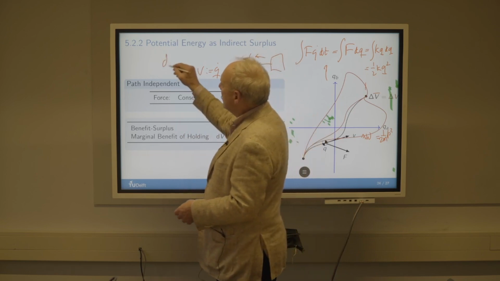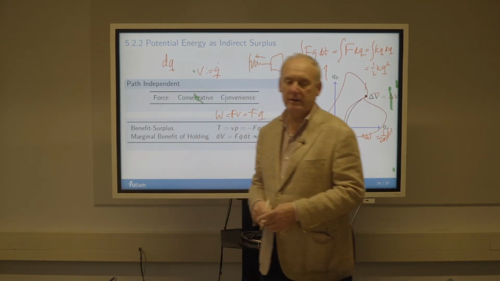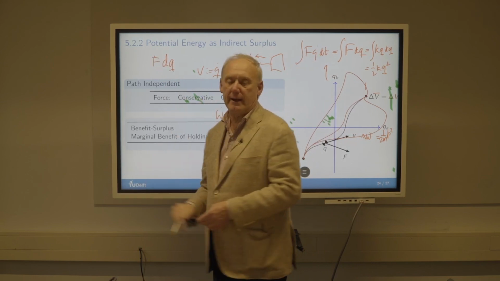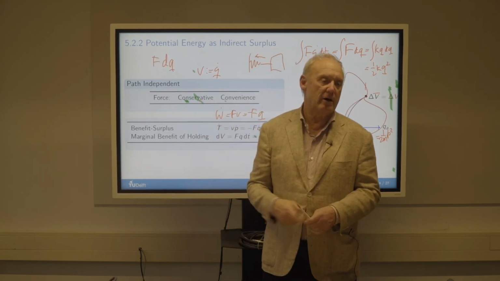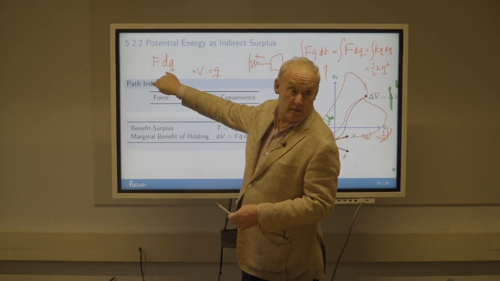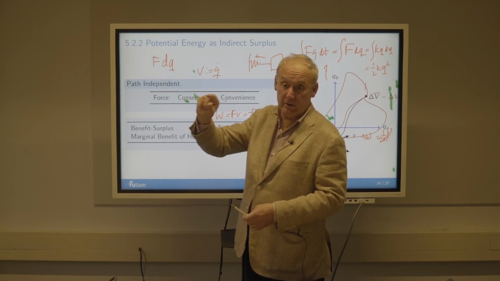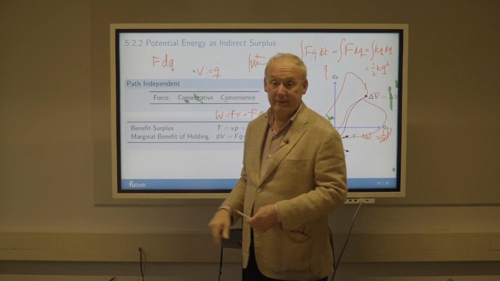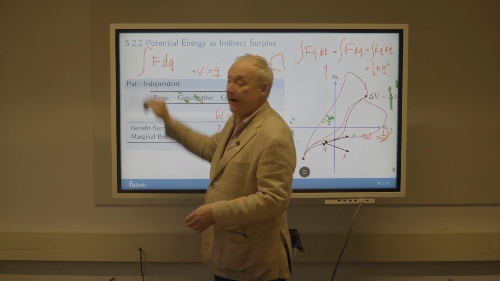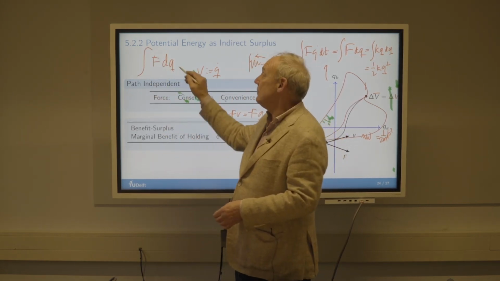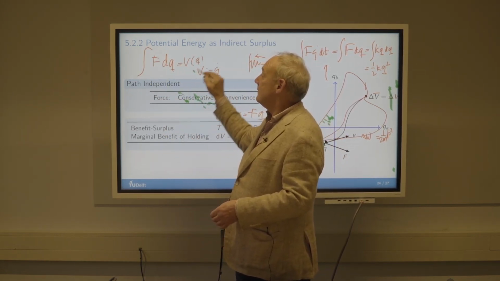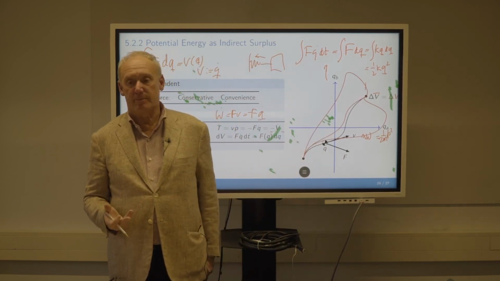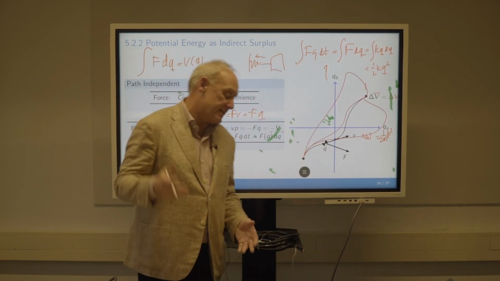So storing the goods, that's upping your stock. But storing the surplus, you multiply that by the desirability of that. That incremental stock up, and if you do that over time, you fill up your storage, then you get this thing that is sometimes called the indirect surplus, because the direct surplus, that's the kinetic energy.